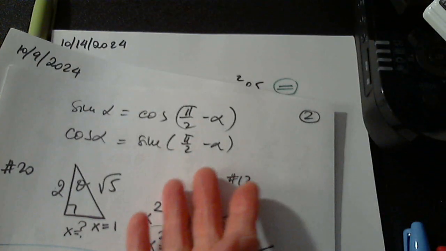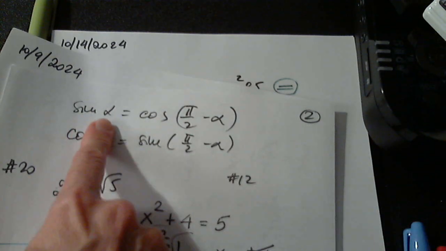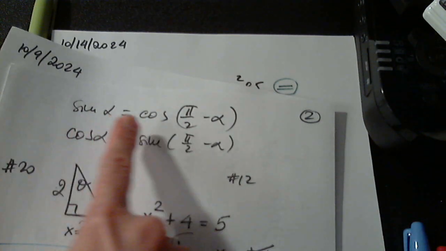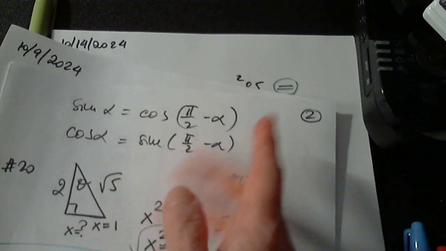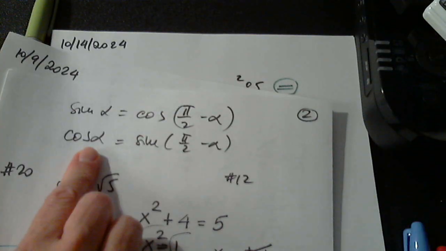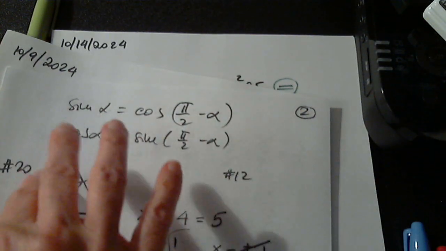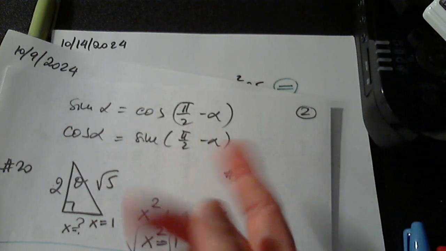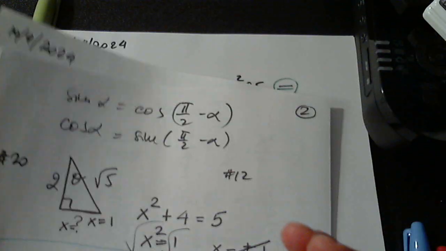You can say, what's the point here? What are you showing us? Same thing: tangent 5 degrees is cotangent 90 minus 5 degrees, or vice versa. Cotangent 5 degrees equals tangent of 85. They're all the same. Just remember, sine and cosine are co-functions, and tangent with cotangent are co-functions.